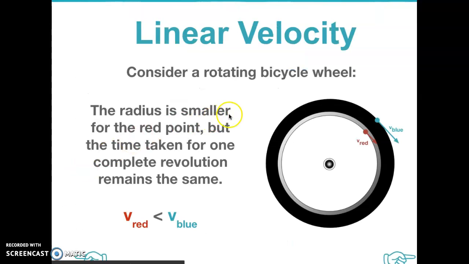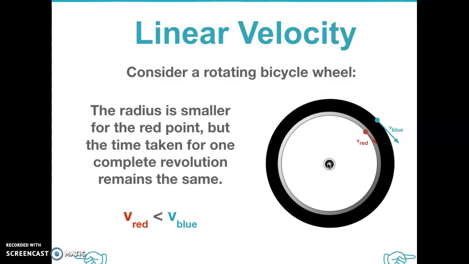Now, the linear velocity of an object very much depends on those two quantities: the circumference, the total distance that has to be covered, and the time that it takes to do that. As you can see, 2 points on a circle at different distances from the center will have a very different velocity.